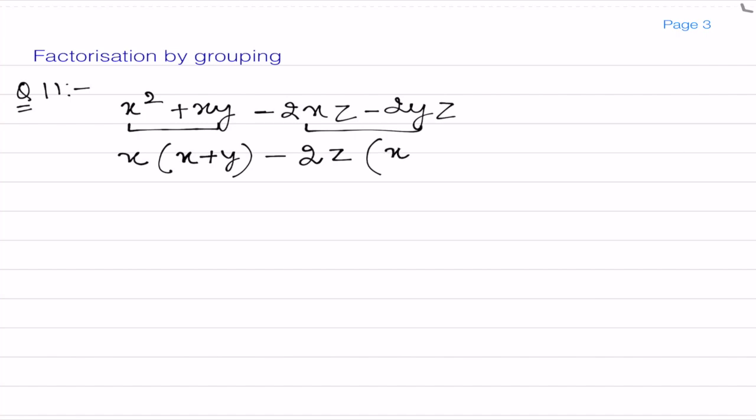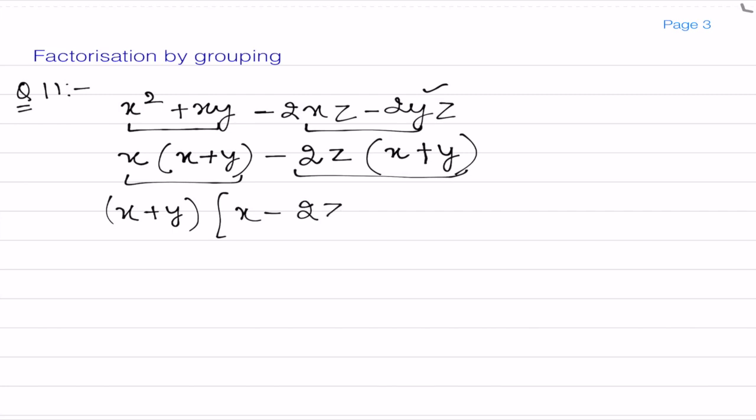Since we have taken the negative sign out, always remember the next term's sign will change. If it is negative, it becomes positive; if it is positive, it becomes negative. So it becomes x plus y. Now we can see we have two terms with x plus y as the common factor. So what is left? x minus 2z. So these are the two factors of the given expression.